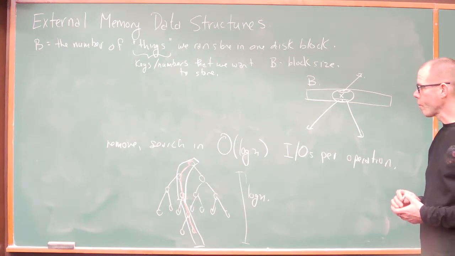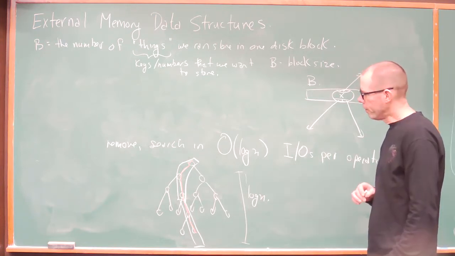There would only be one path. So for example, from the root, there could only be one path of length B that's all in one block. Yeah, so potentially.